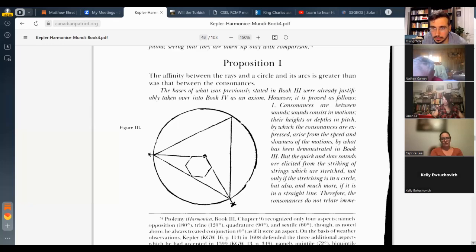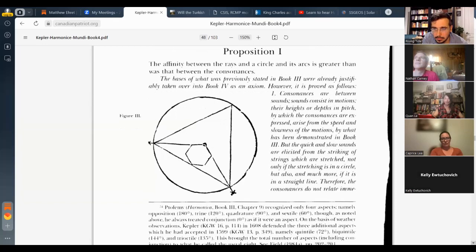Sound consists in motions. Their heights or depths in pitch, by which the consonances are expressed, arise from the speed and slowness of the motions, by what has been demonstrated in Book 3. But the quick and slow sounds are elicited from the striking of strings, which are stretched not only if the stretching is in a circle, but also and much more if it is in a straight line.